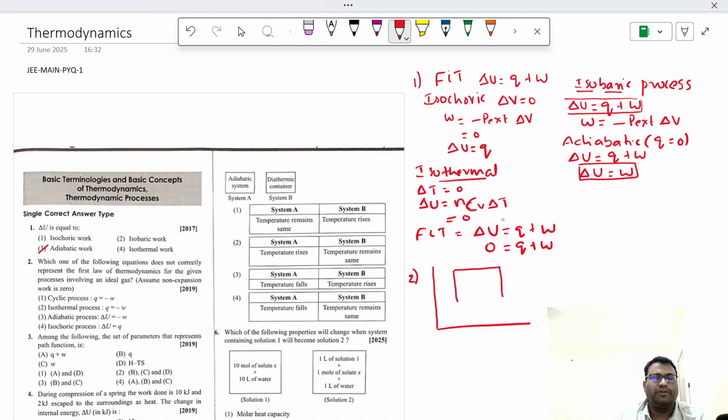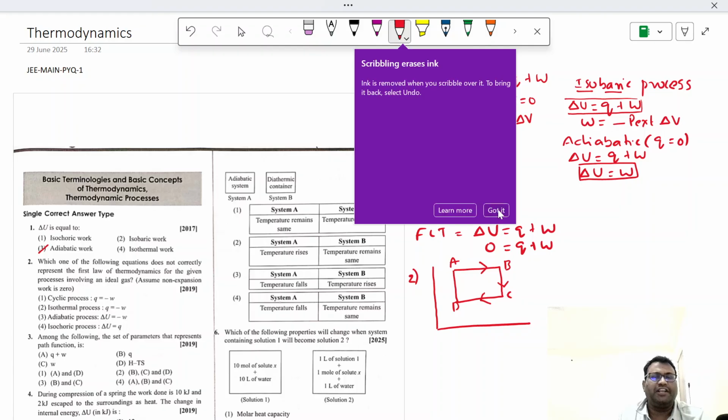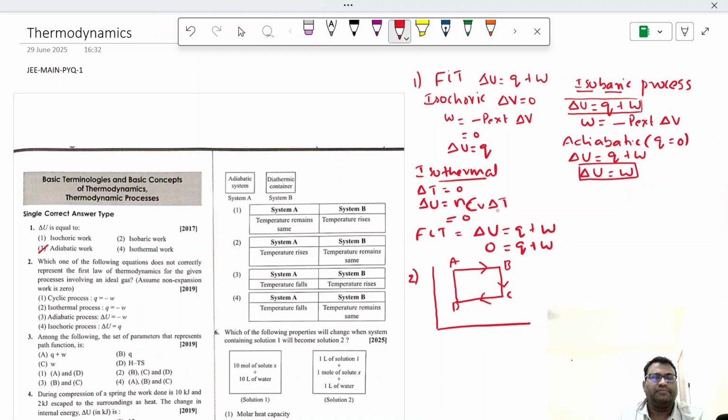For example, a process is taken from state A to B, B to C, C to D, and D to again A. If the initial state is again regained, then that is called a cyclic process.